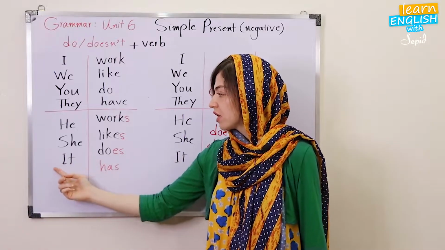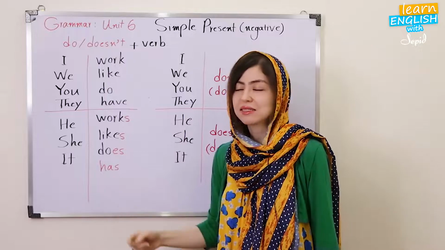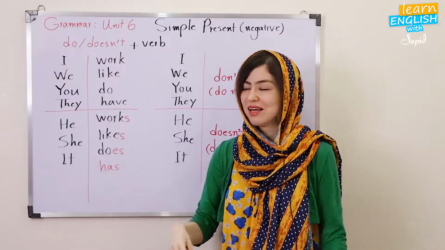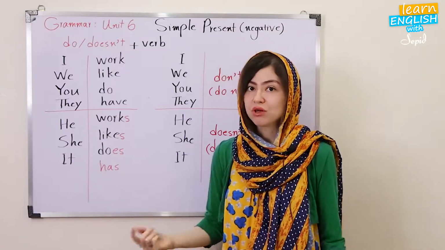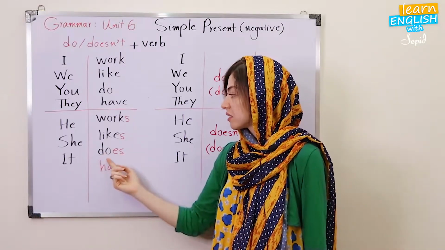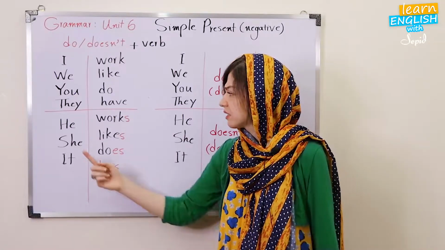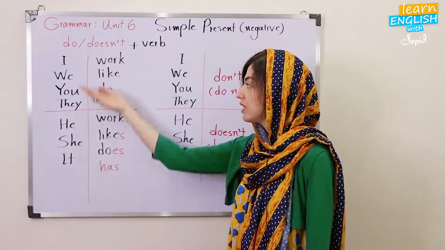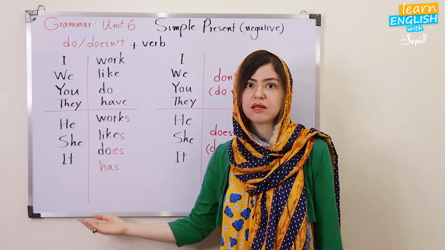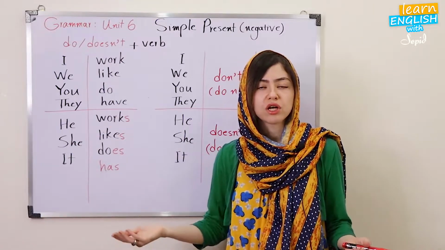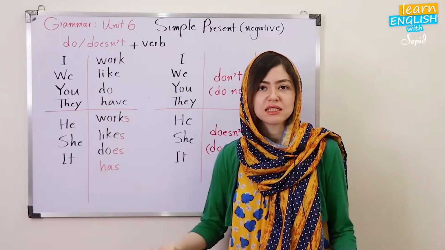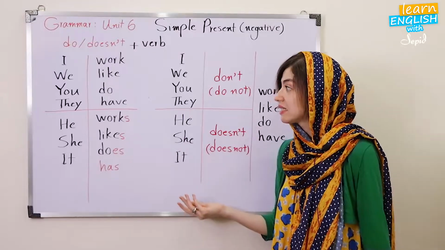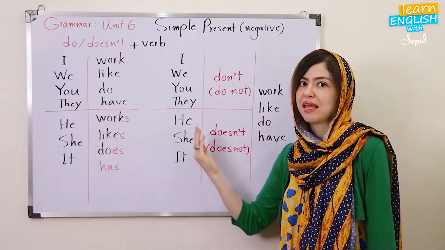It's, okay, for the things. It has a beautiful tail. So, we are talking about a dog. And does, okay? For instance, she does her homework, okay? So these are the normal sentences that we use in order to talk about some habits, routines, and general situations or facts. But let's make them negative.